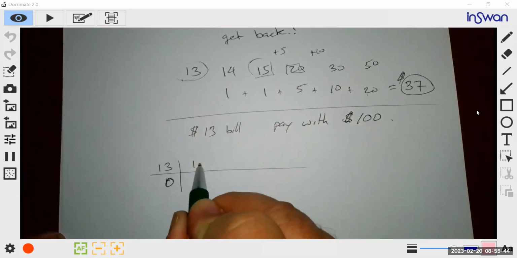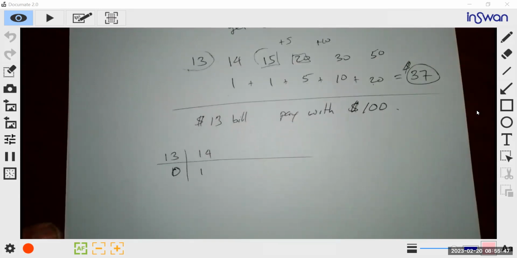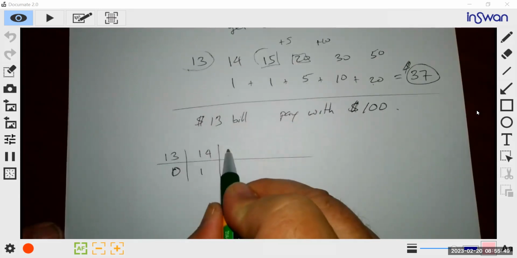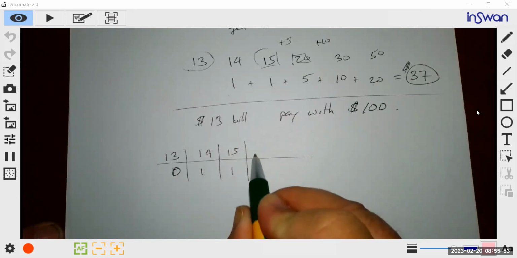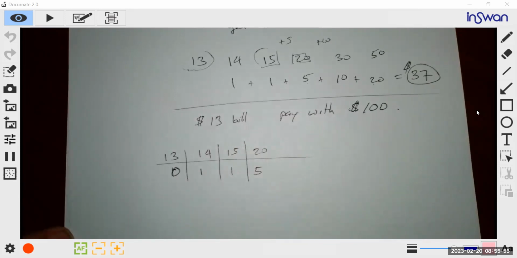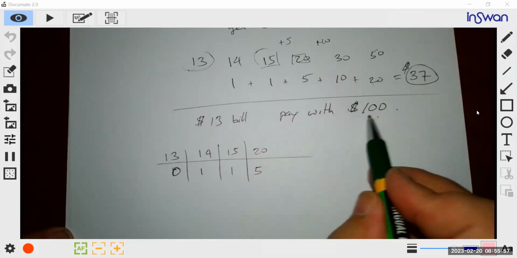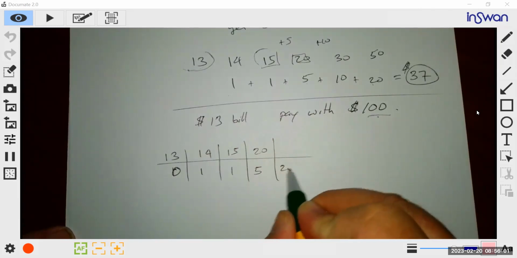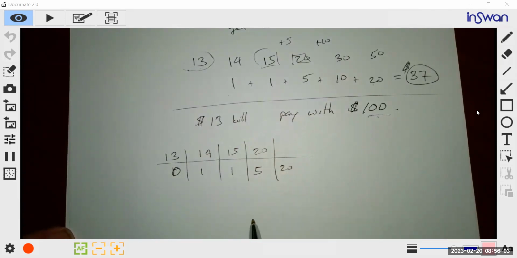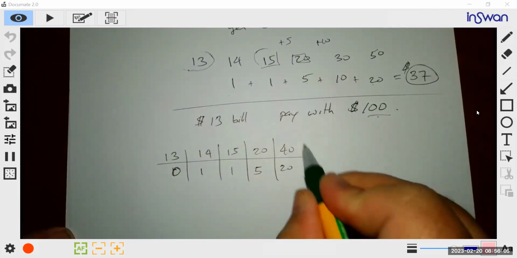You get $1, that puts you up at 14. You go up another dollar, makes it 15. Then go up $5, jumps up to 20. Remember, we're trying to get to 100. So from 20, they give you a $20 bill. That goes to 40.